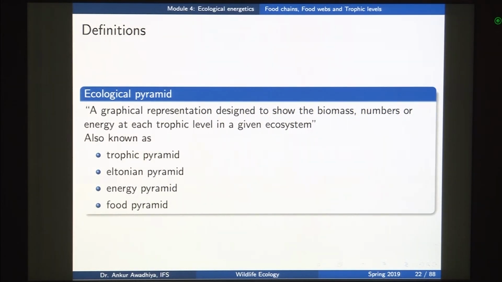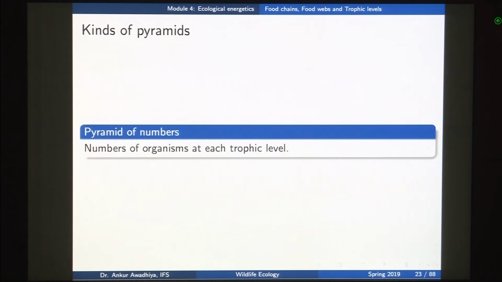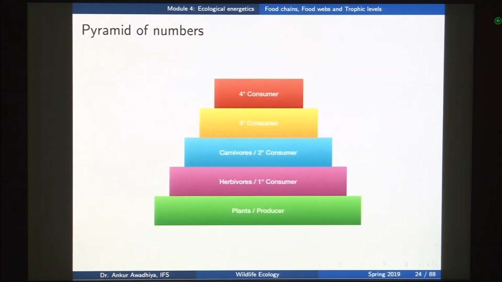Now, we will look at some different kinds of pyramids. The first pyramid is the pyramid of numbers. A pyramid of numbers shows you the number of organisms present at each trophic level. So, what do we mean by that? This is one pyramid of numbers.